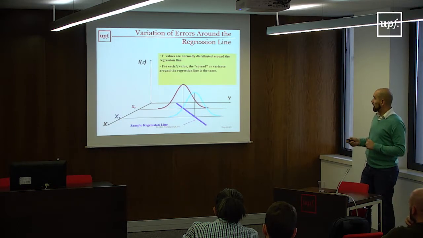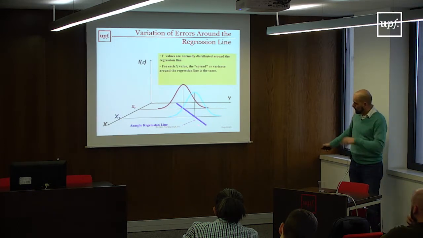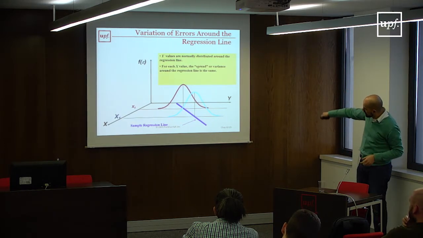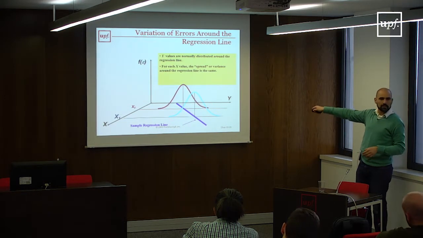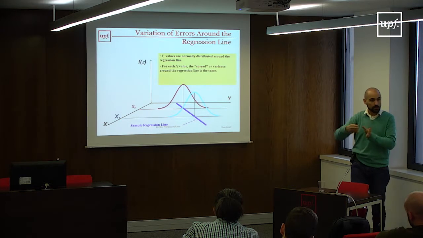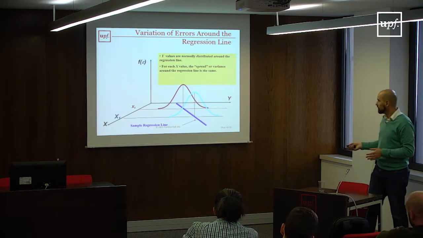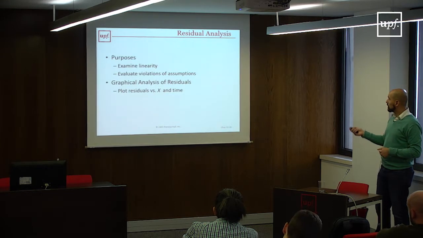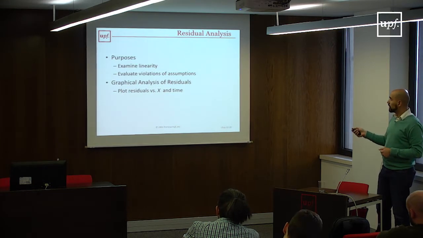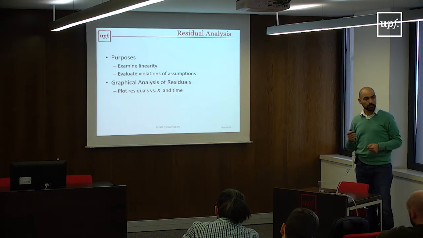Variation of the error around the regression line. So suppose now we are in 3D, and suppose this is our regression line, the error must be distributed normally around the regression line. In order to do this, we can perform the analysis of the residuals.